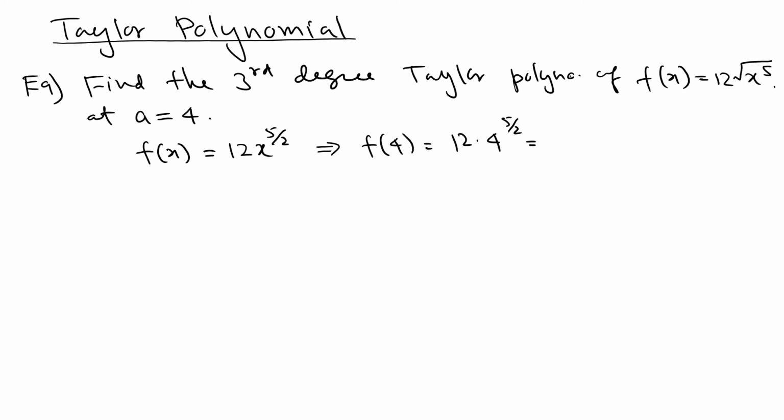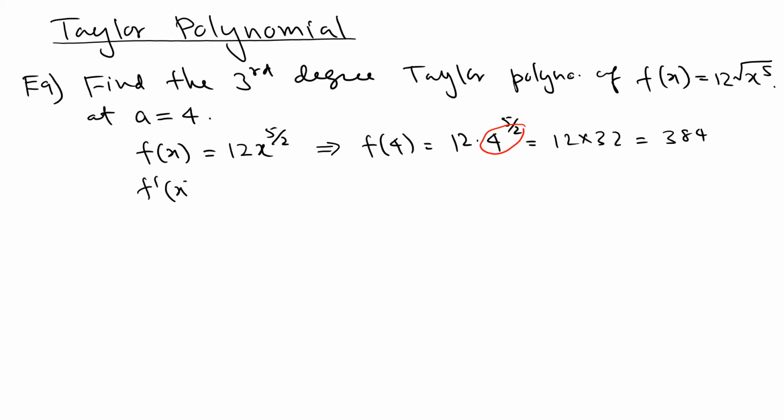First we find the square root, which is 2, and then 2 to the fifth is 32. So this is 12 times 32, and we get 384.